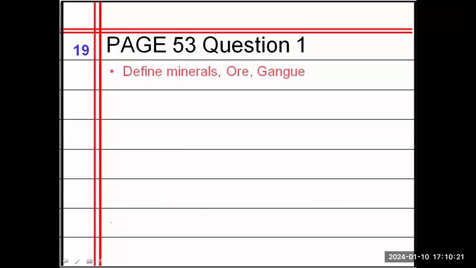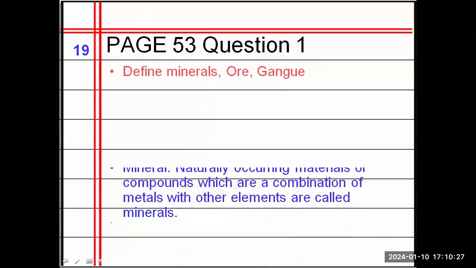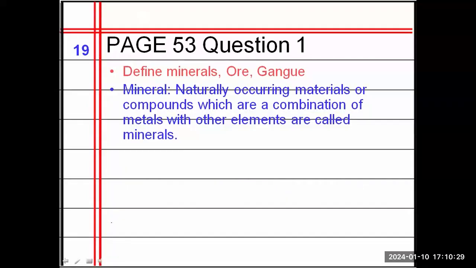Now, there are three terms: minerals, ore, and gangue. These are related to the metals and the impurities. The minerals are the naturally occurring materials or the metals which are in the compound form. And in the minerals, the elements are present in very trace amount, in very less amount.